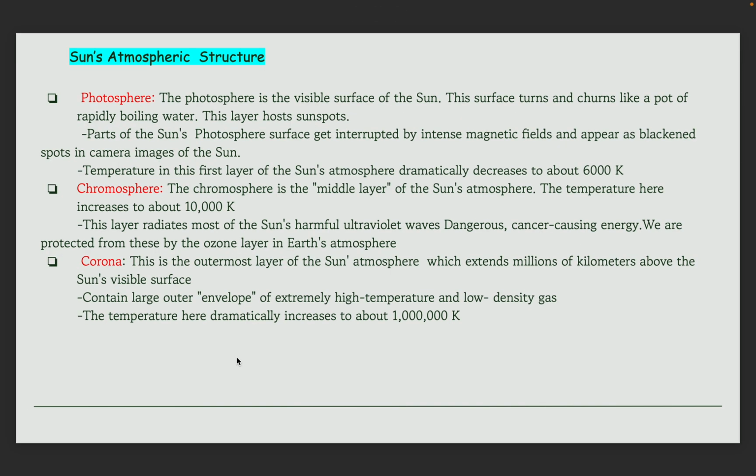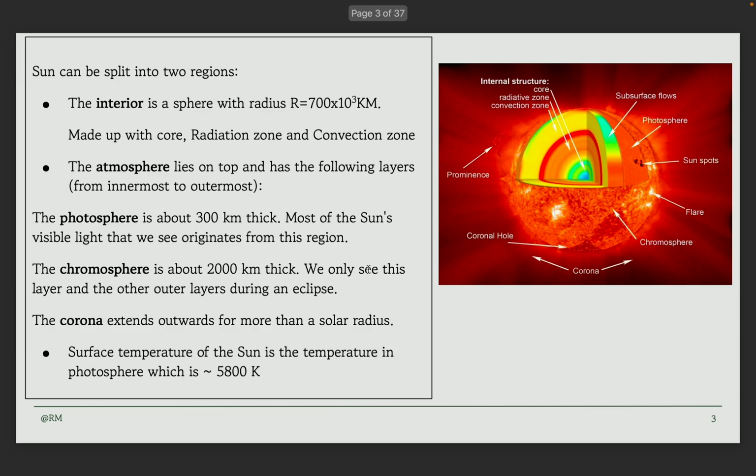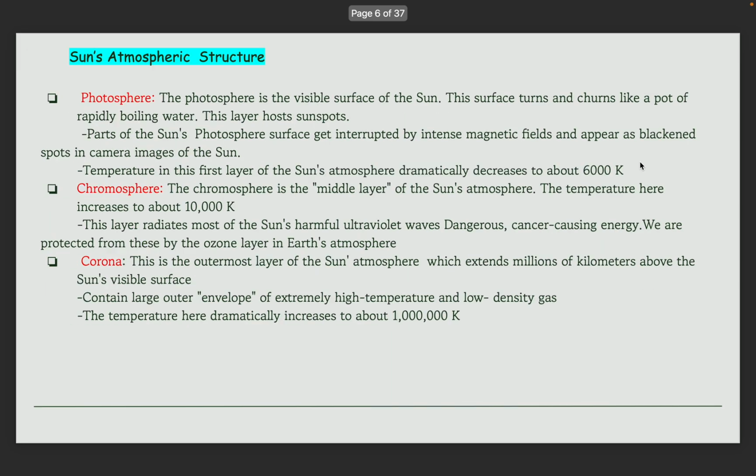And after the core, there are three regions of the sun. One is the photosphere, which hosts the sunspots. Another is the chromosphere, from where the UV emission is emitted, and another is the corona, that extends over millions of kilometers above the sun's visible surface.